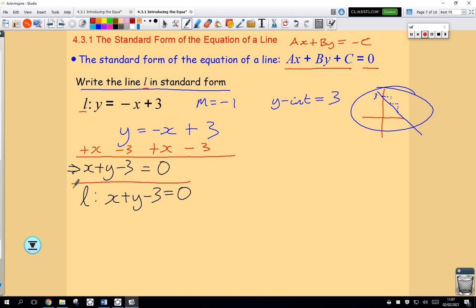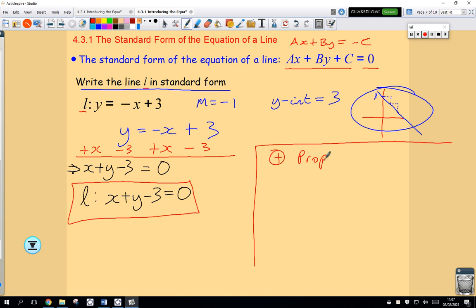Okay? In order to do it, I have to know the following properties. The addition property, which says if a equals b and c is equal to d, then a plus c is equal to b plus d.